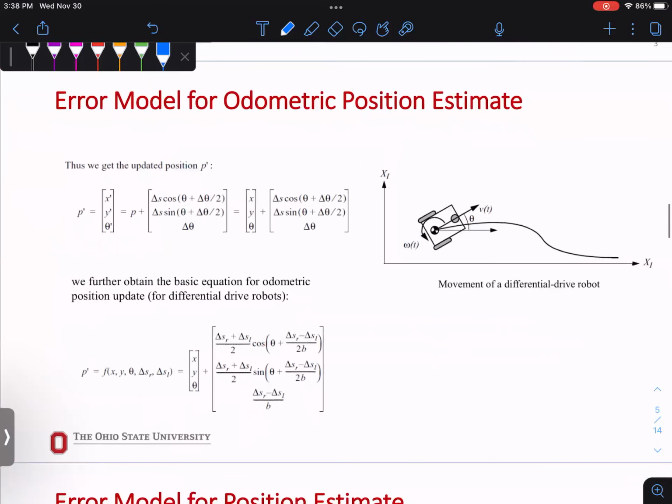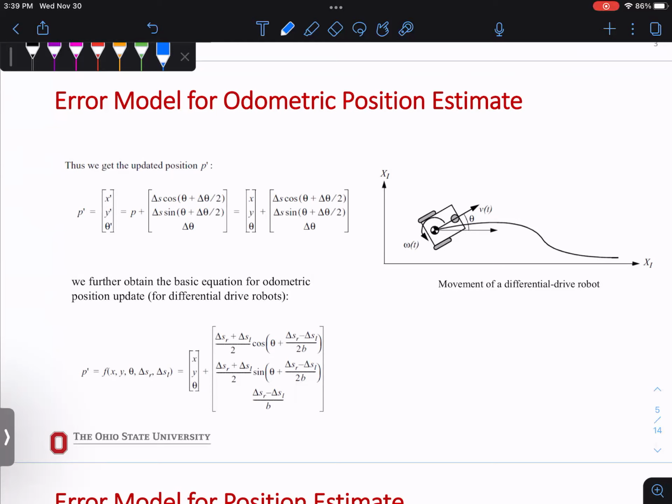Now to get the update, our P prime, or the next position, is your P position plus this matrix, which is basically using the previous slide, just plugging in all the values. So we wrote everything in terms of delta theta and delta S right now.